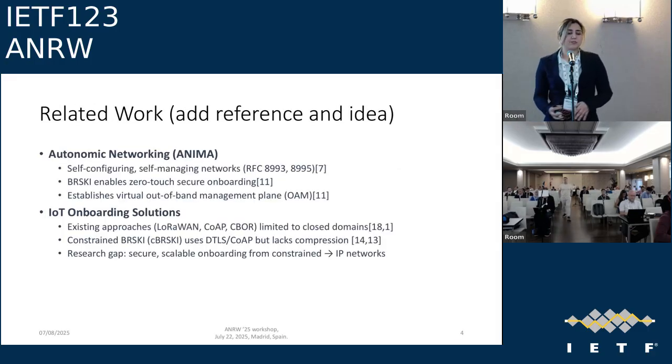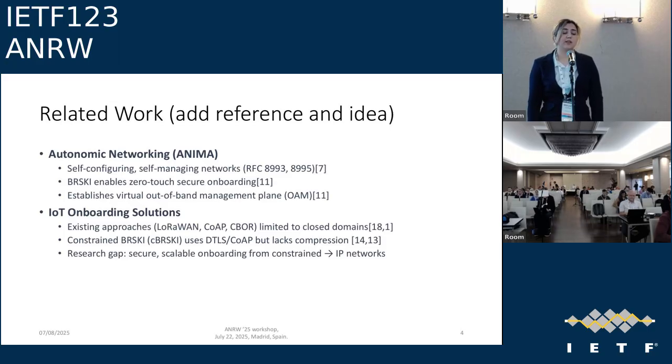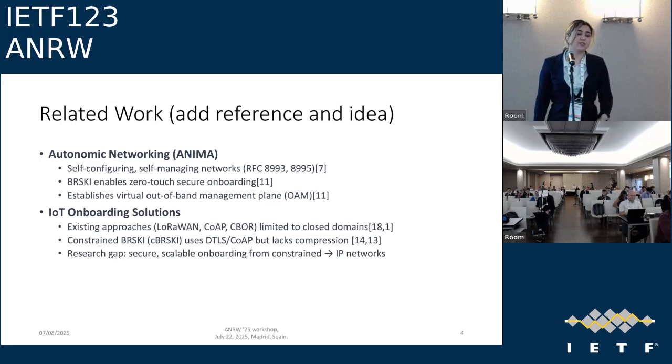So in the related work, with the references added, first we checked the works done in the IP and non-constrained networks. So we came up with autonomic networking defined by the ANIMA working group. It's about self-configuring, self-managing networks, so it can help us reduce human intervention, and it is defined by RFC 8993.